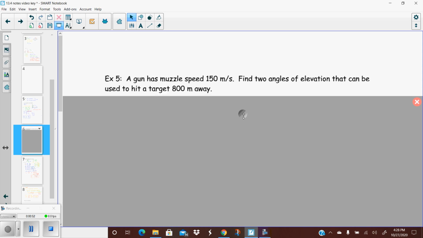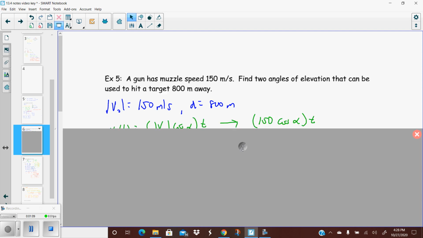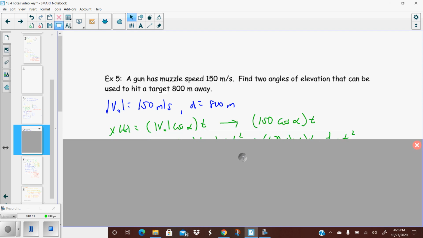So what we're going to do is start off with writing down what we know. We know the magnitude of the initial velocity is 150 meters per second. We know the distance that we're trying to get is 800 meters. We also know that the x distance can be written as magnitude of the initial velocity cosine of alpha times t.